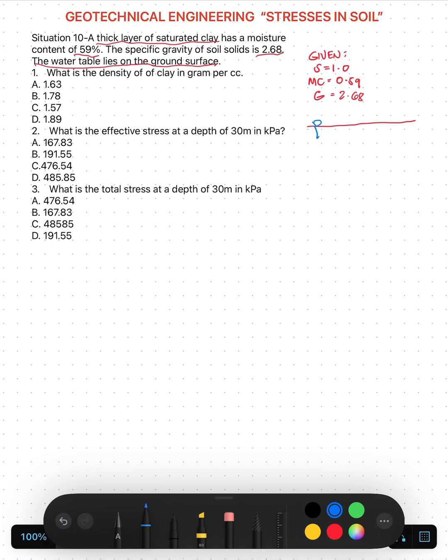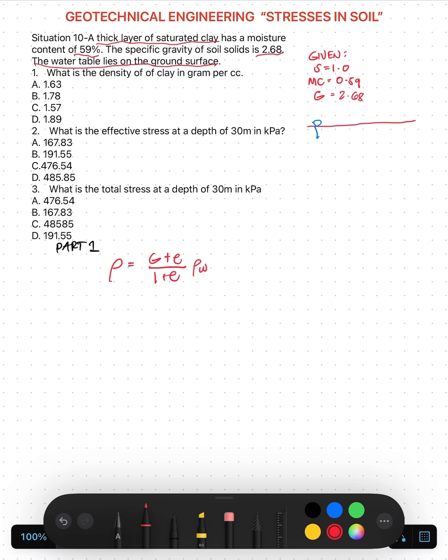So we have a formula for density: rho is equal to G plus e over 1 plus e times the density of water in gram per cc.